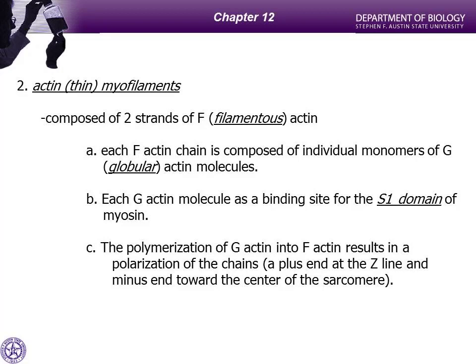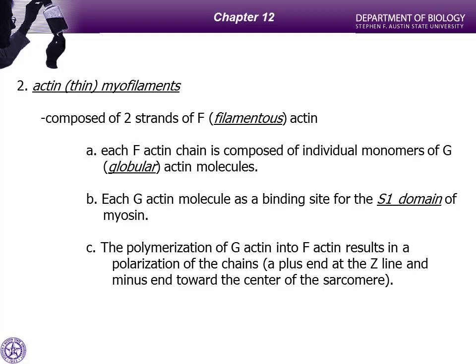It is also going to be that part of the myosin molecule that reaches up off of that thick filament and grabs that position on the G-actin. If you've ever been to New York and been on the subway, you grab that handle so you don't fall down. Well, this is the handle for S1 on the globular actin molecule, and it grabs it.